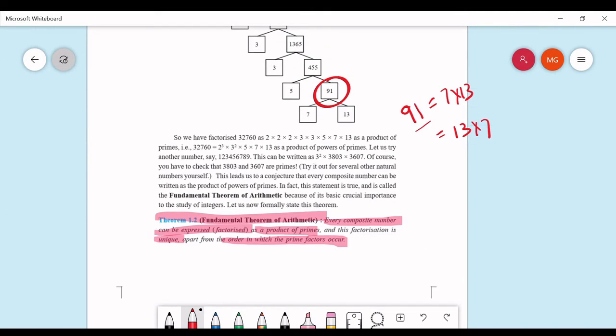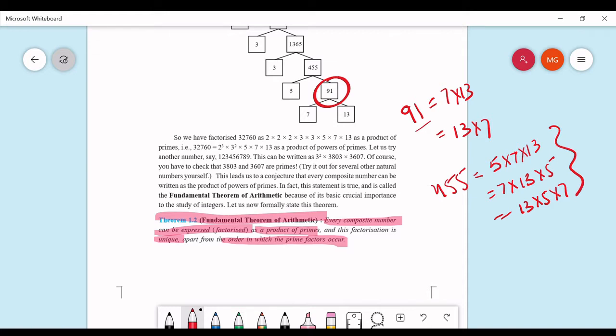If you take 455, this can be written as 5 multiplied by 7 multiplied by 13, or 7 multiplied by 13 multiplied by 5, or 13 multiplied by 5 multiplied by 7, whatever order you want. But using 5, 7, 13, whenever you multiply these numbers, you will ultimately get 455 only.